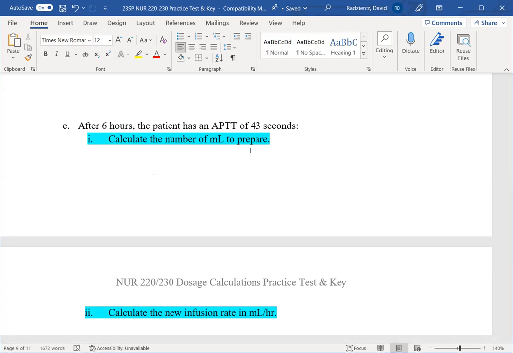On the practice test, I've given you 4 questions, but in the actual test, you're only going to get 2 of the 4, 1 bolus, 1 flow rate. They should both be within the same kind, both initial or both after 6 hours.